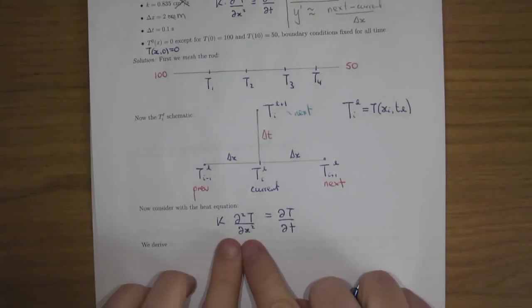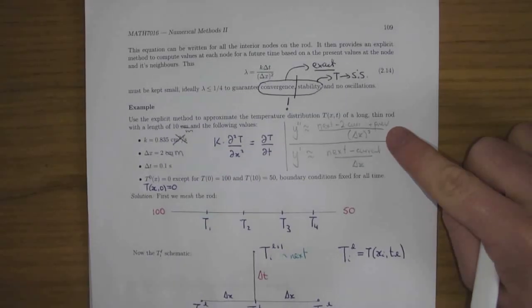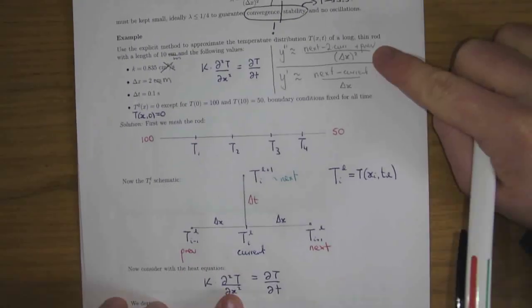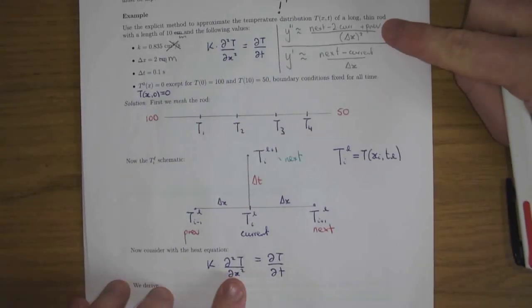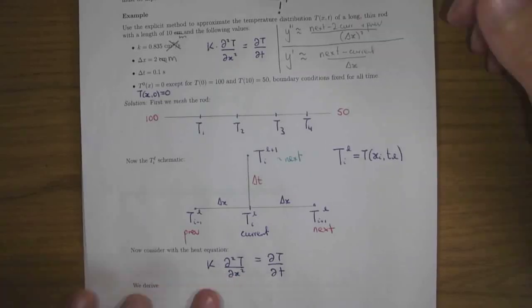Okay, so let's use the finite difference approximation for the second derivative. This second derivative down here is approximately equal to the next in terms of x minus twice the current plus the previous, over delta x squared.